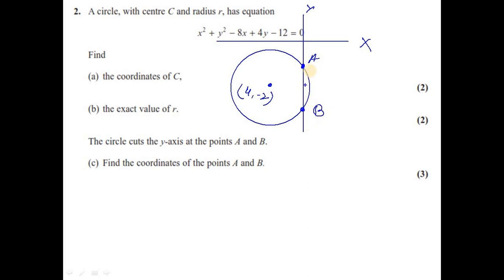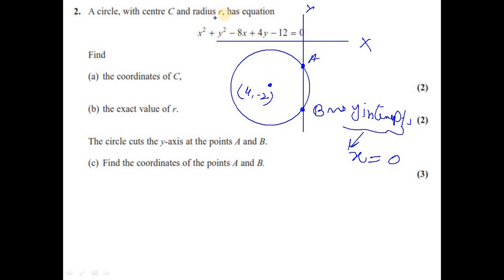And this is quite easy to understand, because A and B are in fact y-intercepts, and for y-intercepts x must be 0. So you put x equal to 0 in the above equation, and then you can figure out the values of y.